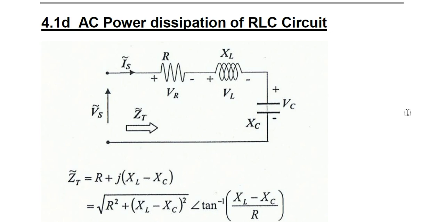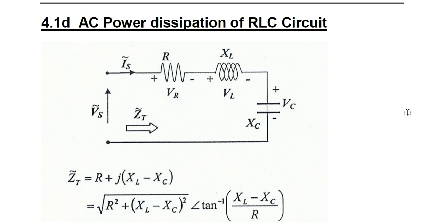Only a purely resistive circuit will have effective power being transferred. In other words, we can use the power. Whereas in a purely inductive or purely capacitive circuit, the power is basically just stored and transferred back to the circuit, or to the system, and back again. In other words, there is no effective power transfer.